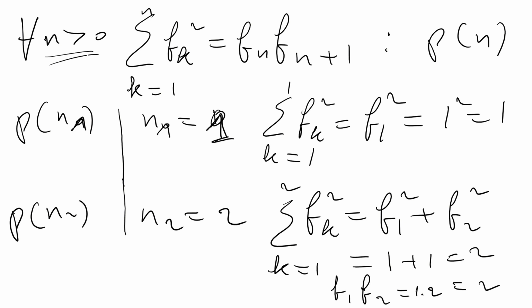So f1 times... if n is 1 times f3, okay, so if I want to check for 2, it's going to be 2 plus 1, which is 3, so this is going to be f3. So what is f3?